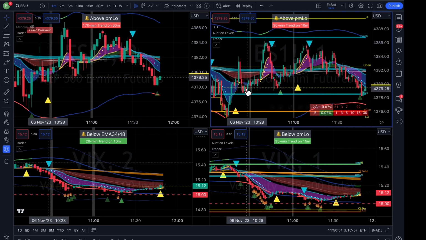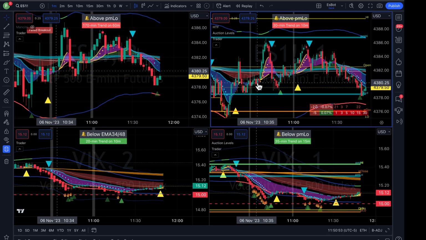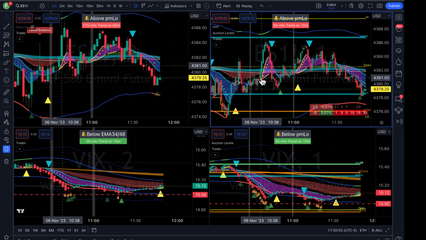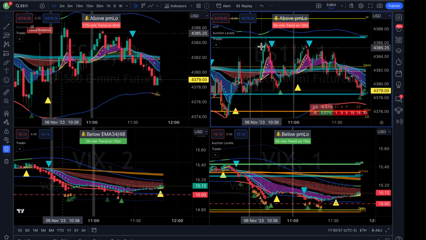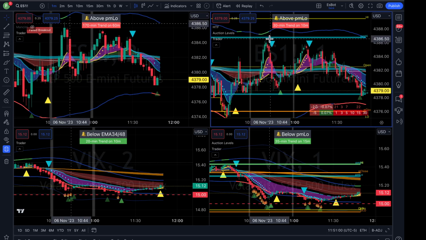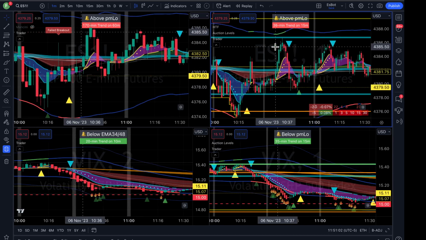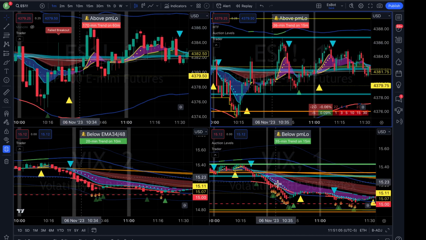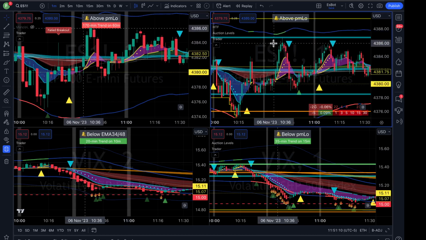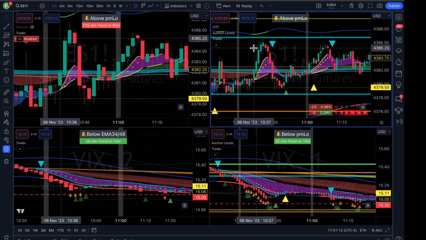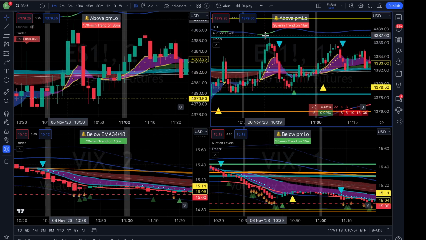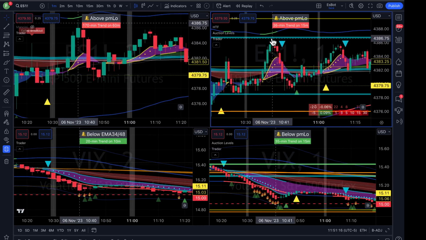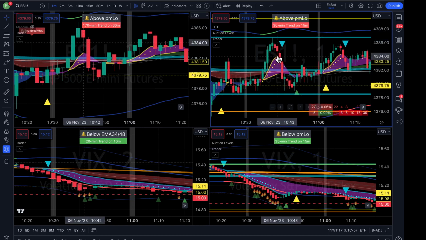I did a scalp here, and I got out before we got to pre-market high. All of this looked very bullish. VIX to the downside was on fire. This was up, and all of this looked very bullish. But this ended up being a perfect trap because we tapped pre-market high and then we dropped.